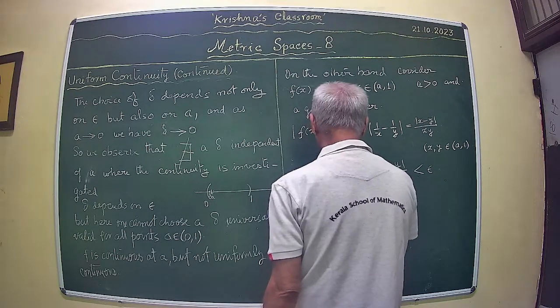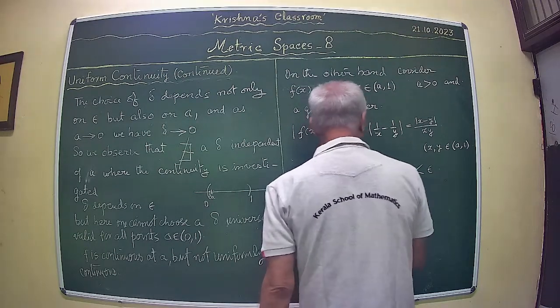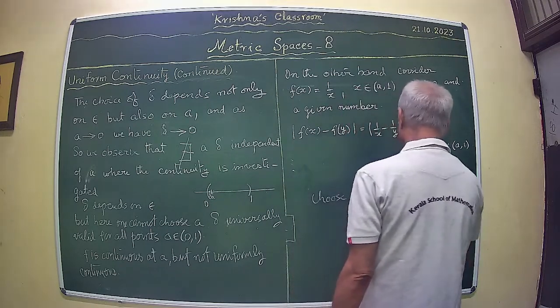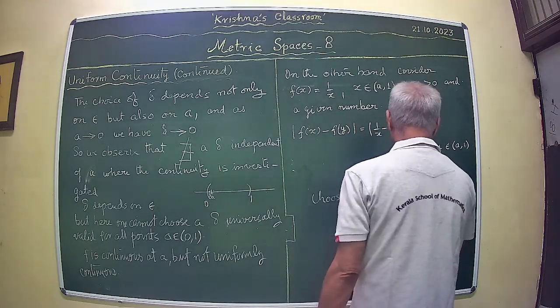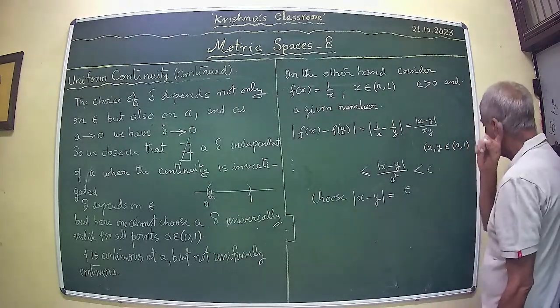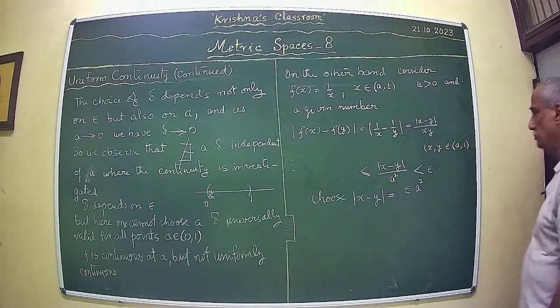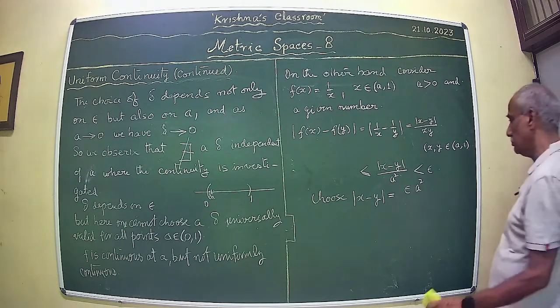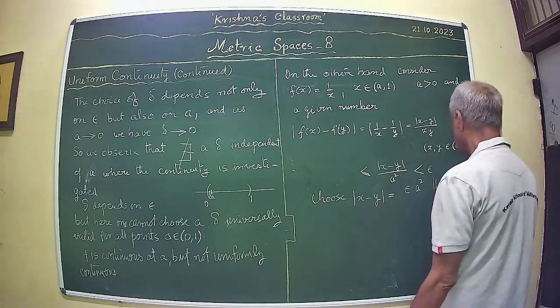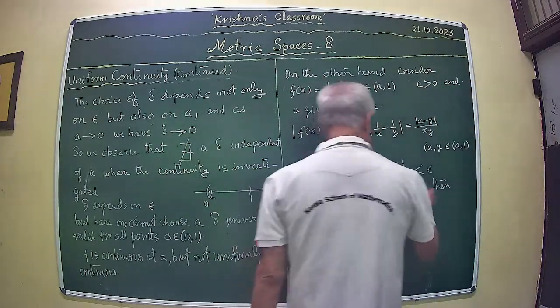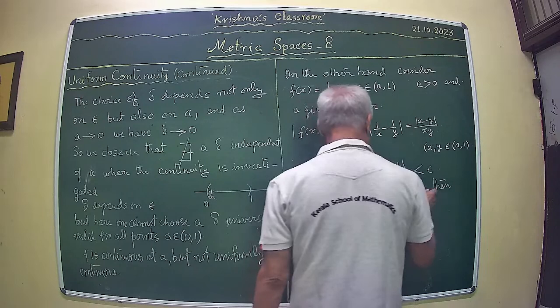Therefore, if you want to make this less than epsilon, all that you need is to choose mod x minus y less than delta equal to epsilon times a square. And see, this is positive.